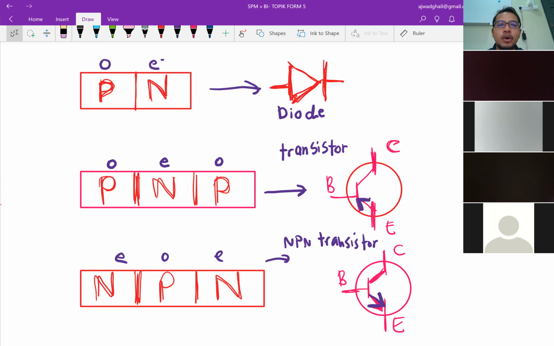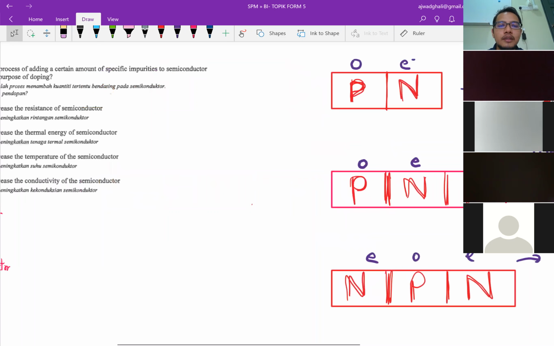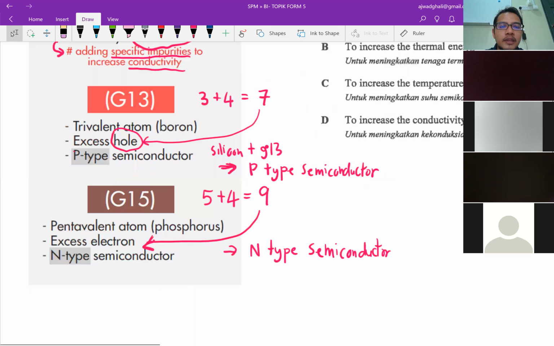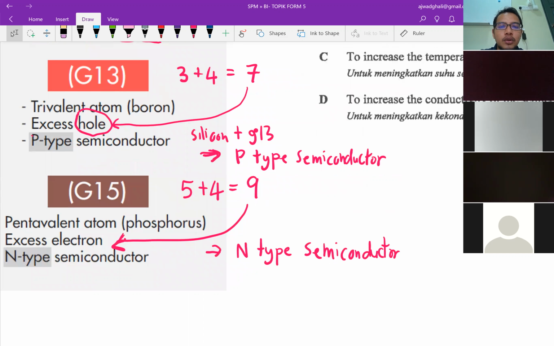So we dope with group 13, which has 3 valence electrons, to produce a p-type semiconductor. Then we dope with group 15 to produce an n-type semiconductor. Now you have a new semiconductor, not silicon or germanium anymore. It's 2 types, either p or n.